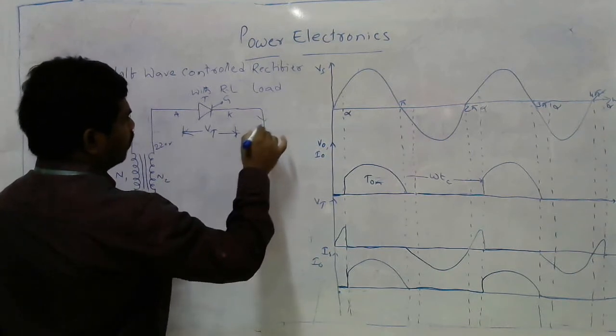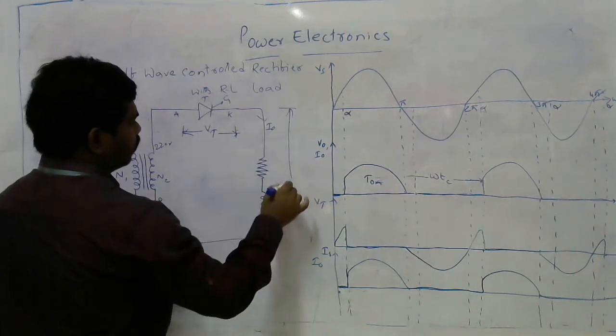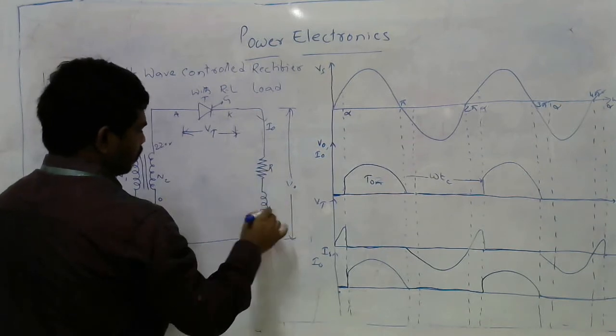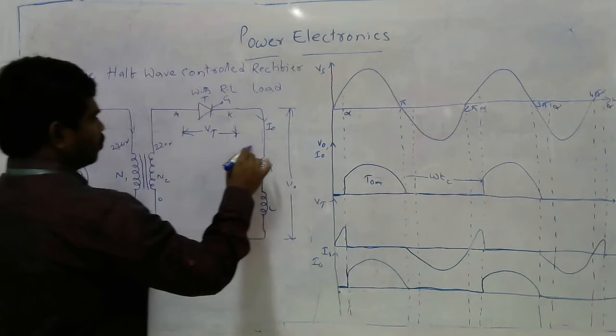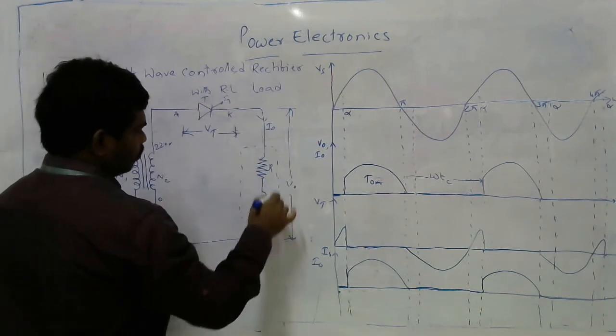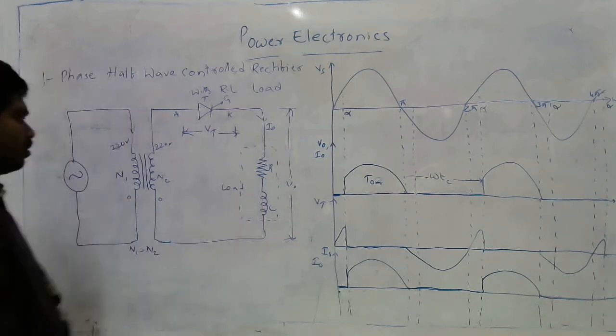So this is my output, and I have output voltage V0. This RL total is called the load.